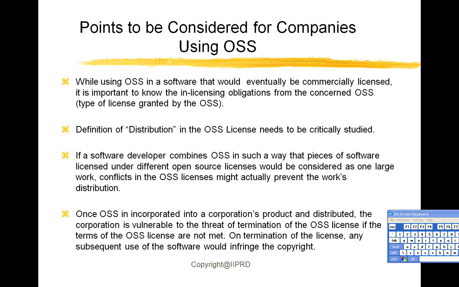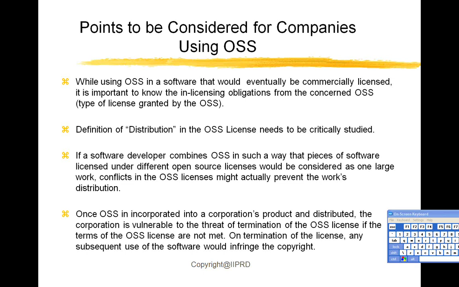We have to understand the definition of distribution. Every open source software has a definition of what distribution means, and that distribution clause talks about the ways and modes in which multiple distributions can be made by the company that is building, improving, or modifying the same source code.